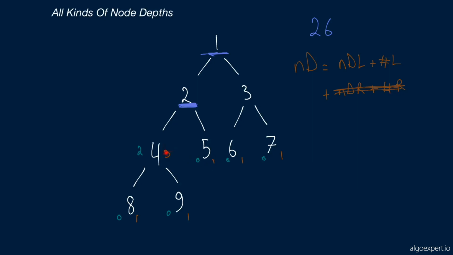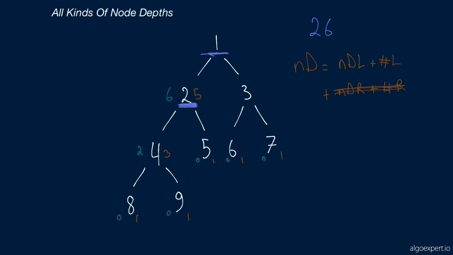So 2 plus 3 plus 0 plus 1, that's equal to 6. And then for the total number of nodes in this subtree, just add the total number of nodes in the left subtree, so 3, plus the total number of nodes in the right subtree, so 1, plus 1, because we've got one node here. So that's 3 plus 1 plus 1, 5.